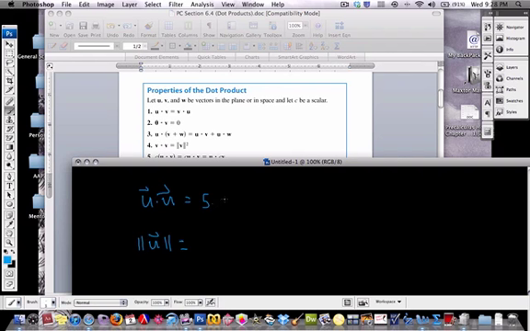That's equal to the magnitude squared. Well, if 5 is the magnitude of the vector squared, the magnitude is then the square root of 5. So that's just using that property that the dot product with itself is the magnitude squared. Just demonstrating that we know how to use that.